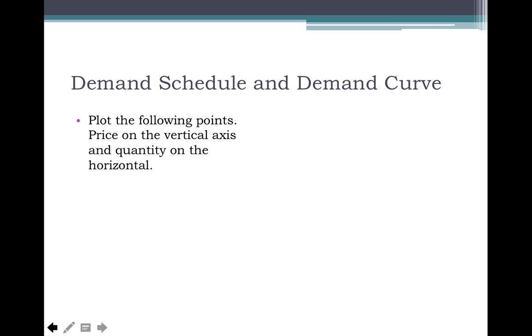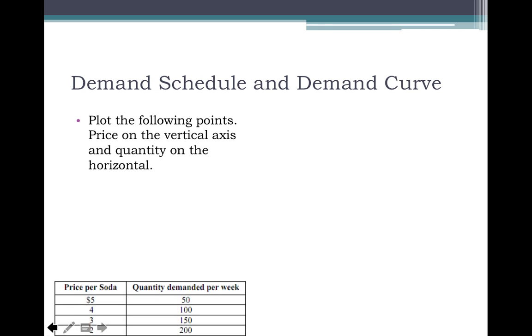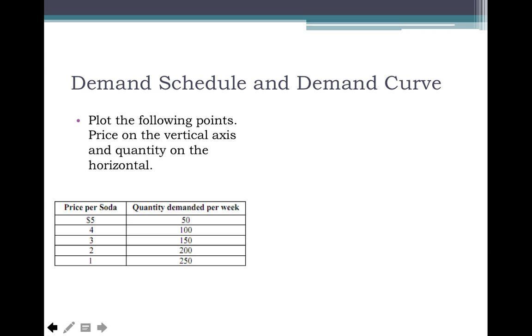All right? Now, let's look at the demand schedule and move that over to the demand curve. So I'm going to put up the same demand schedule, and I want you to take a minute, pause the video, and plot out these points on a demand curve. Now, as you do this, I want to make sure that you label correctly.